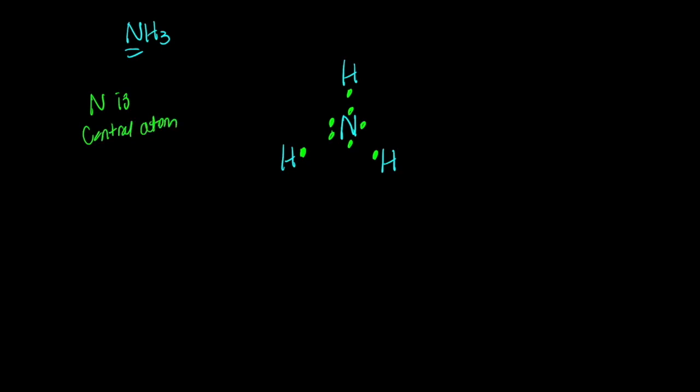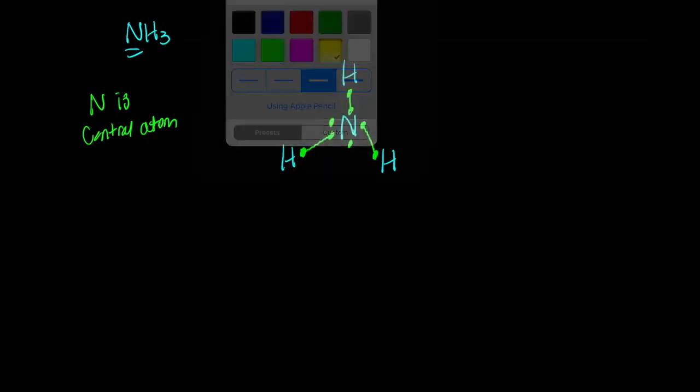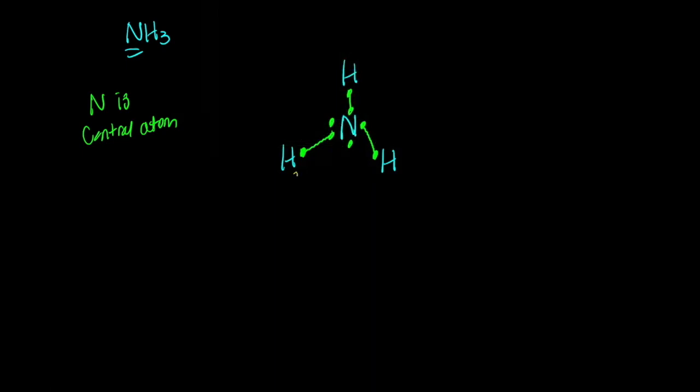okay? So there's going to be a bond here, there's going to be a bond here, and then there's going to be a bond here, okay? And if you look at this structure very carefully, each of the hydrogen atoms have 2 electrons.